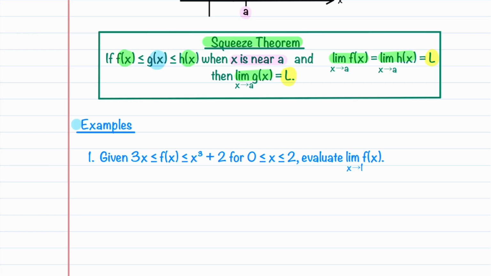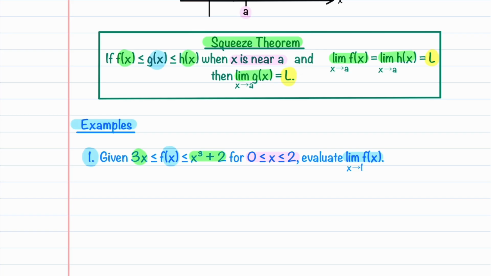Let's look at two examples to see how we can use this squeeze theorem to evaluate limits. In our first example, we are given that f of x lies between 3x and x cubed plus 2 when x is between 0 and 2, and we want to evaluate the limit of f of x as x goes to 1.